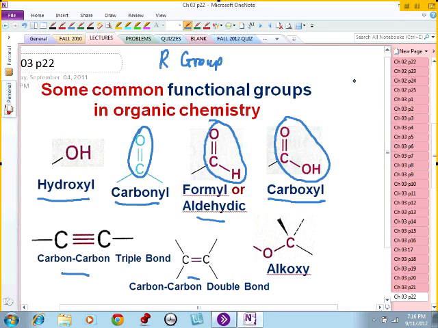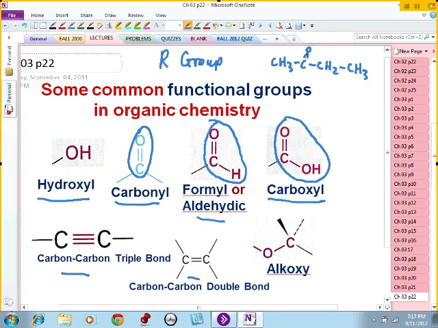For example, supposing I have this molecule here. Okay, what kind of functional group do I have here?